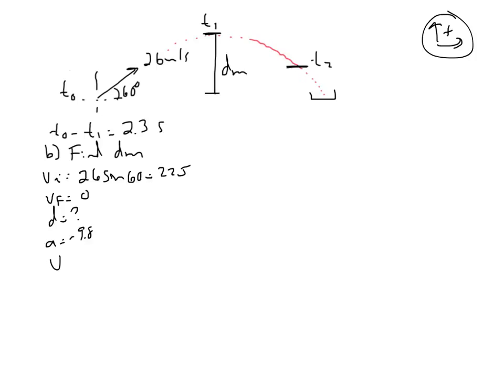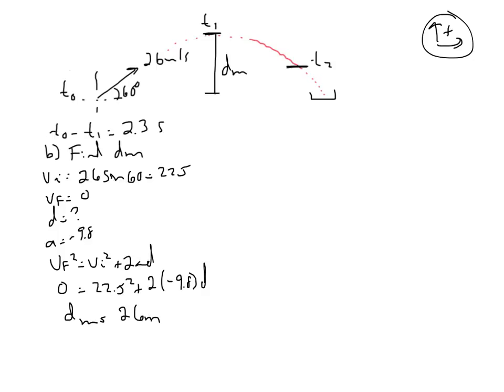We use our equation VF squared equals VI squared plus 2AD. That's 0. That's 22.5 squared. 2 times negative 9.8 times D. Once you do your rearranging, you get a dm equaling 26 meters.